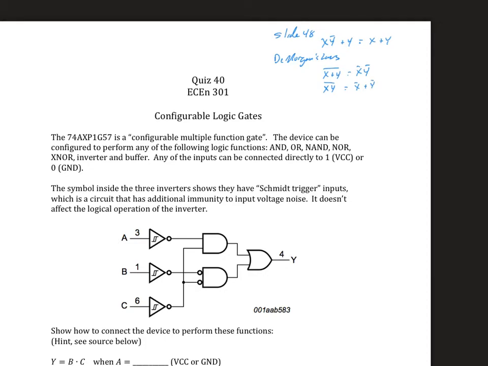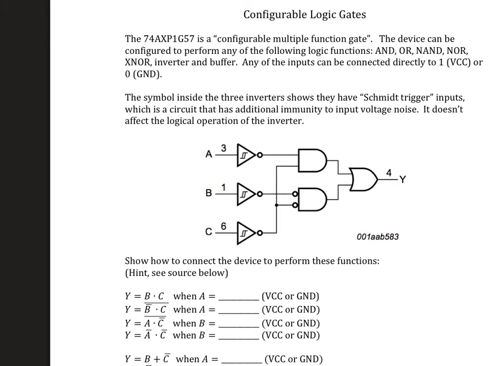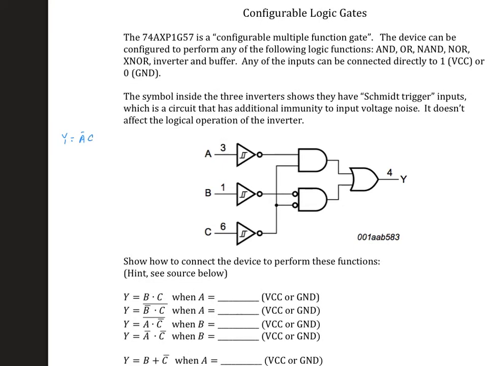Okay, so now let's come down here to this circuit, and let's just write out what y is. So the output y is going to be, we're going to OR two things together. It'll be A bar ANDed with C bar, or it will be B ANDed with C. So that comes directly by looking at the logic gates and reading that out.